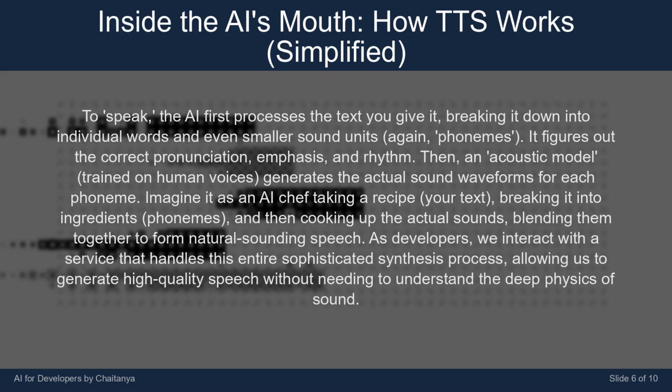Imagine it as an AI chef taking a recipe, your text, breaking it into ingredients, phonemes, and then cooking up the actual sounds, blending them together to form natural-sounding speech. As developers, we interact with a service that handles this entire sophisticated synthesis process, allowing us to generate high-quality speech without needing to understand the deep physics of sound.